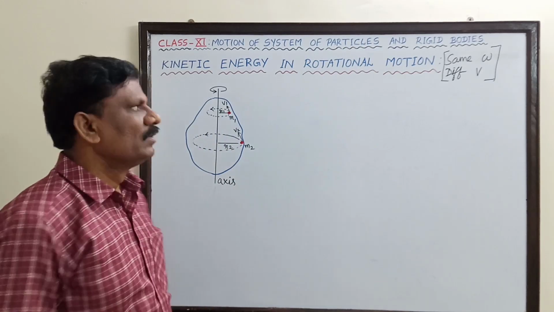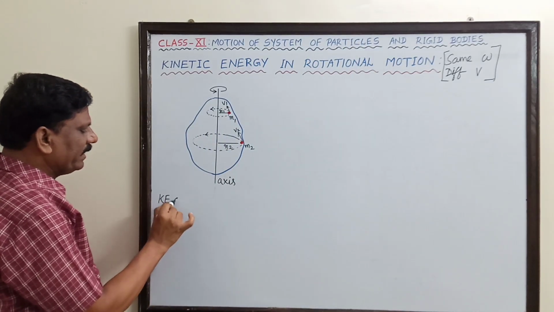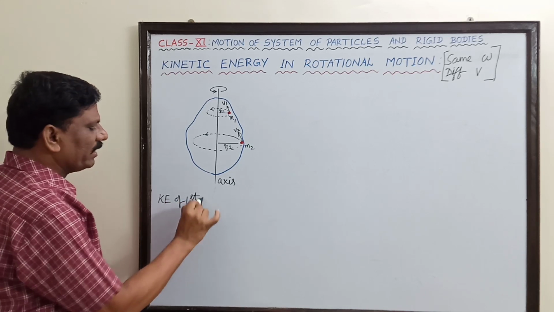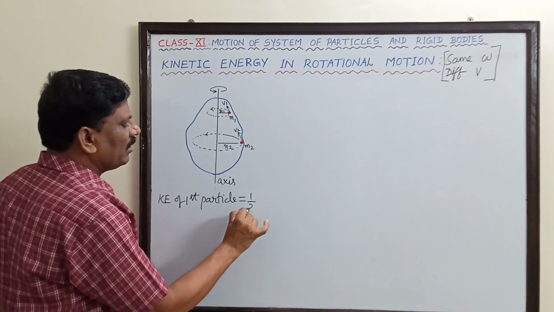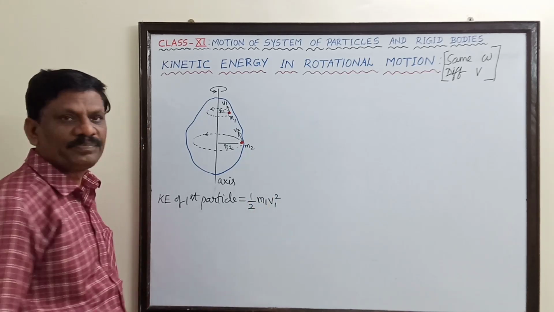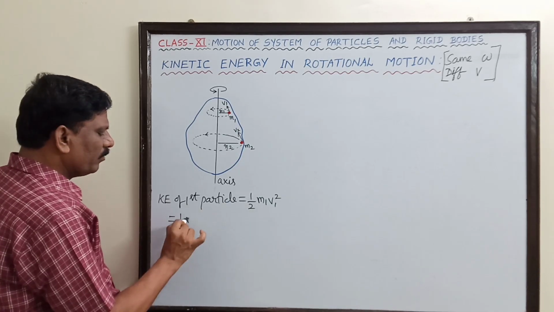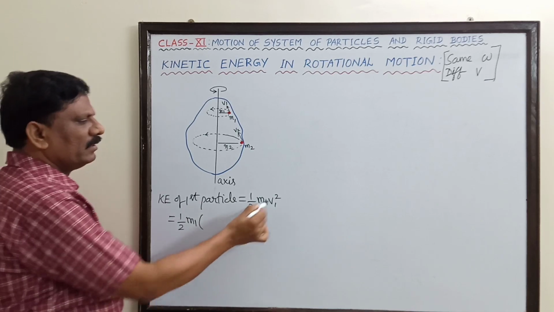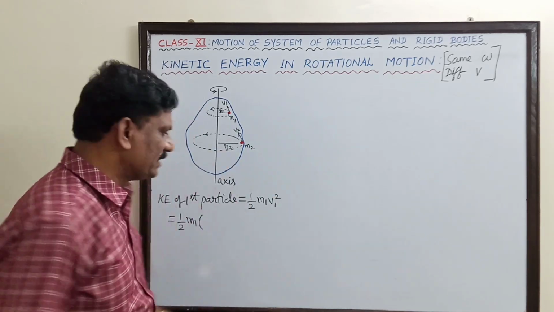Now first I will take the expression for the kinetic energy of the first particle. The kinetic energy of the first particle is equal to half into m1 into v1 square. So this is equal to half into m1 into, we have studied v is equal to radius times omega, is it not?